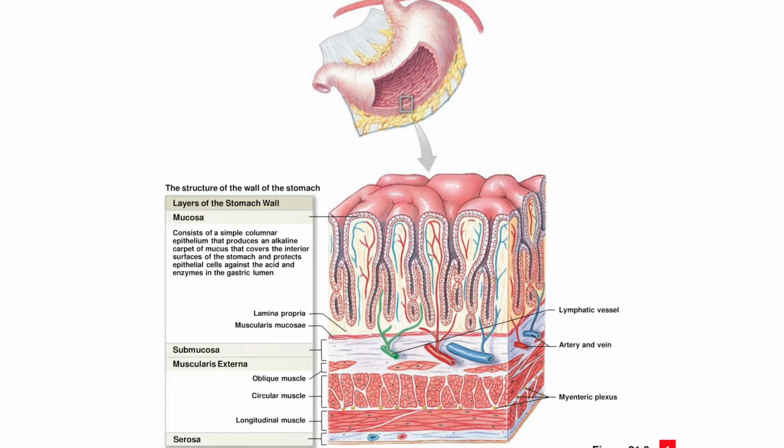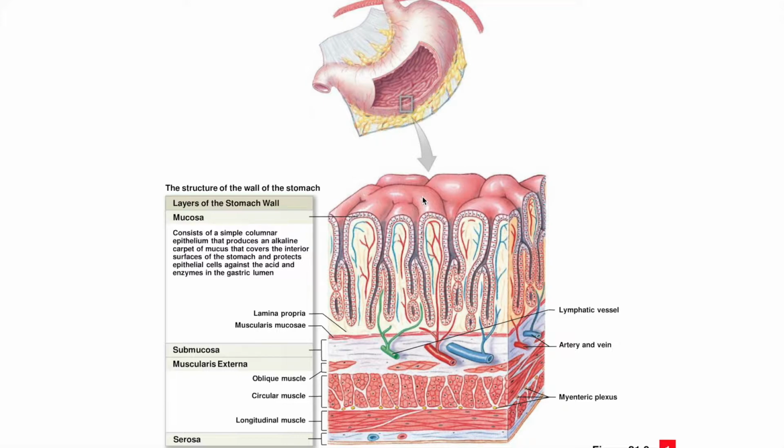Now, if we look at the lining of the stomach, it has what are called gastric glands. These are going to secrete acids, enzymes, and hormones.